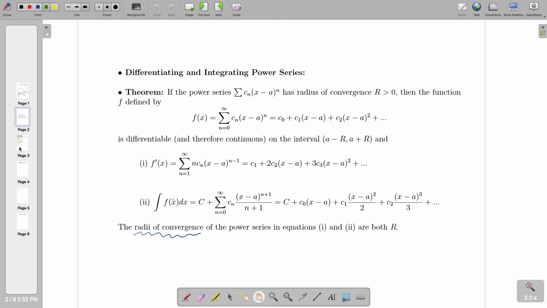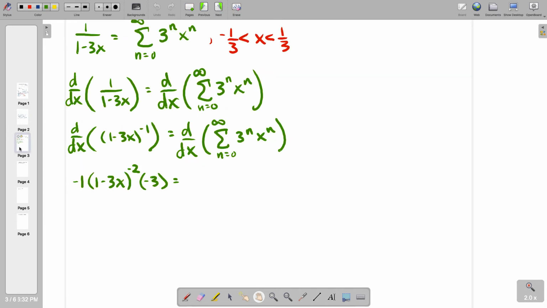Now let's talk about why that's the case. To help us understand it, I'm going to write out my n equals 0 term. My n equals 0 term is 3 to the 0, x to the 0. So my n equals 0 term is 1. And then I'm going to write everything else. That's completely fine to do, just take the very first one and write it out separately.